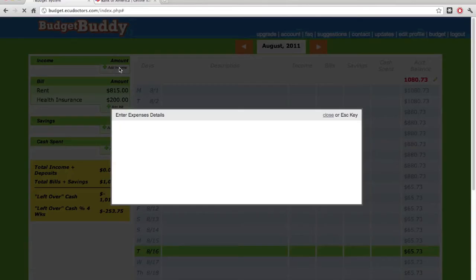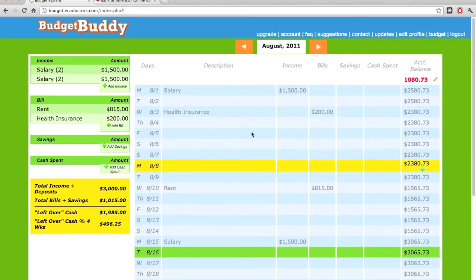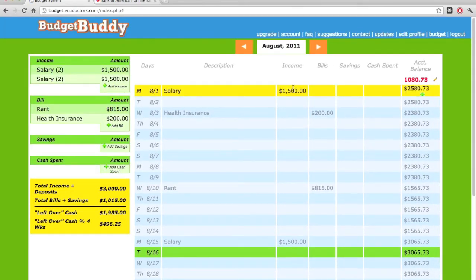First, let's say that I earn my income through a salary. I'm going to add it here to salary, and let's say the amount is $3,000, and that gets paid to me on the 1st of every month, but actually it's bi-weekly, so I get paid $1,500 twice a month. So you see, it shows up on the income side of the table, $1,500.